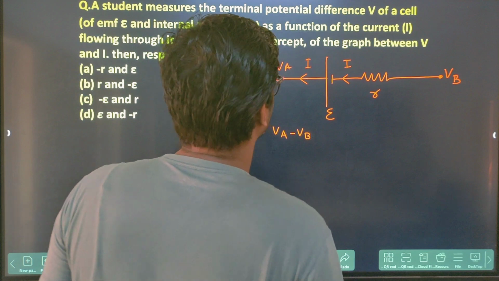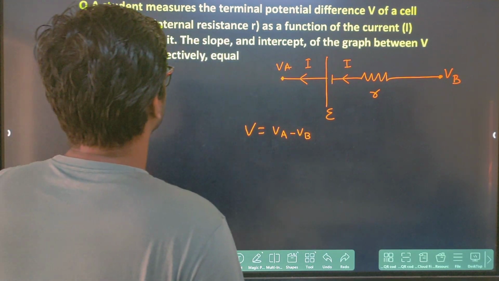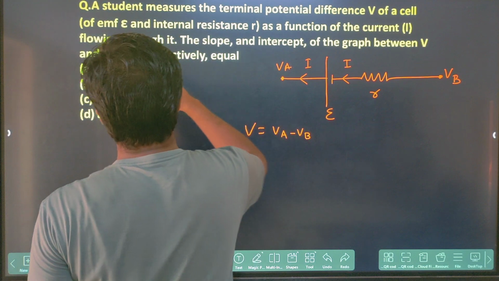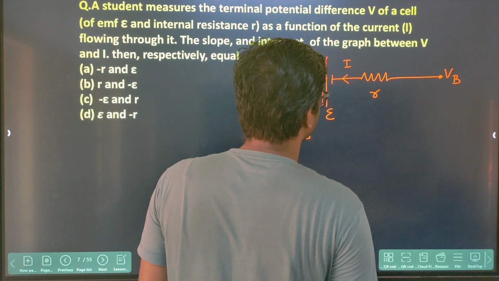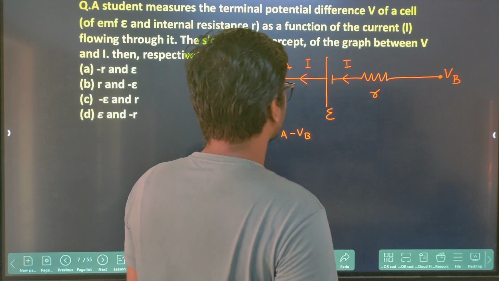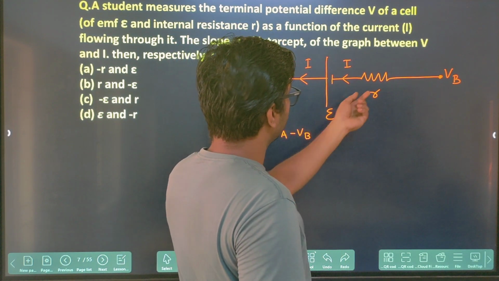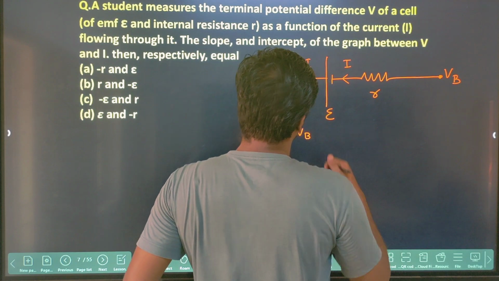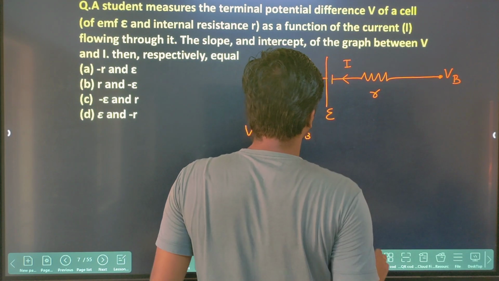The slope and intercept of the graph between V and I. The current is flowing along this direction, and this is EMF E, this is r, you have to find out here. So you can write down the equation.